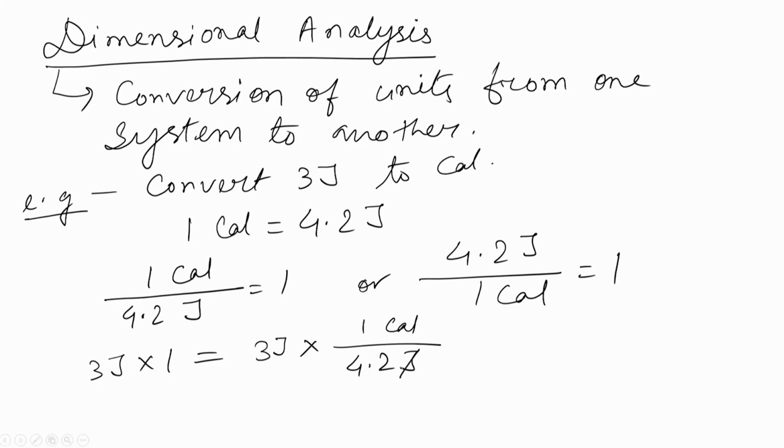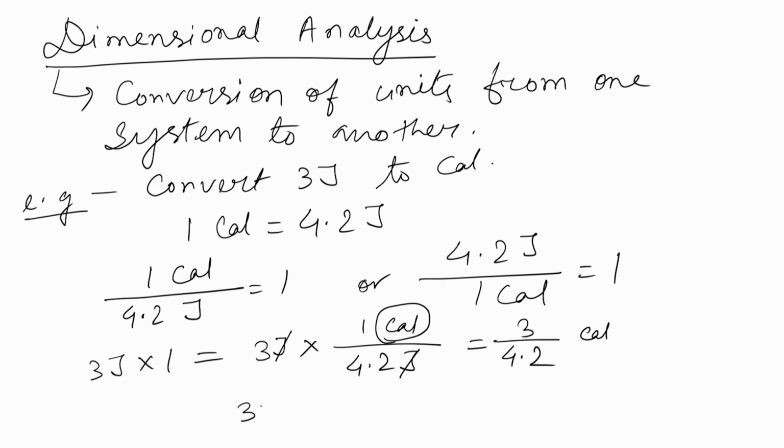Now joule can be cancelled, and if we do this operation, that is 3 divided by 4.2, we get, let's see the unit first actually. If joules are cancelled, then the unit left is calorie. So if we perform this operation 3 by 4.2, the unit of this entity will be calorie.